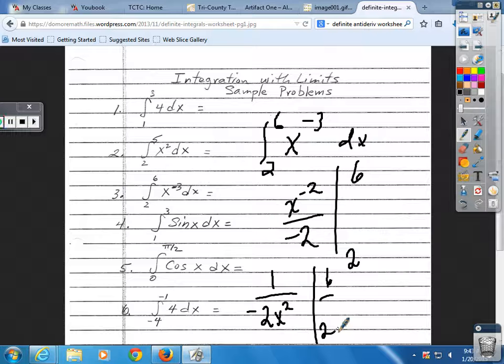Sometimes I do that. It just has to be work. So that's going to be 1 over -2, 6 squared, minus 1 over -2, 2 squared. And 6 squared is 36. Then go -1 over 72.